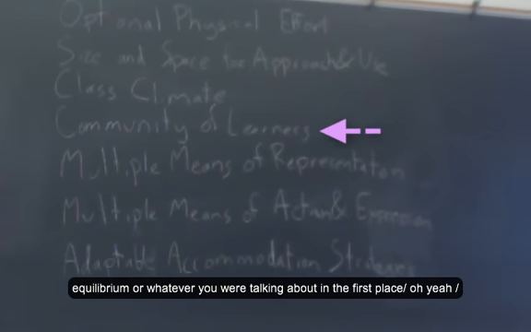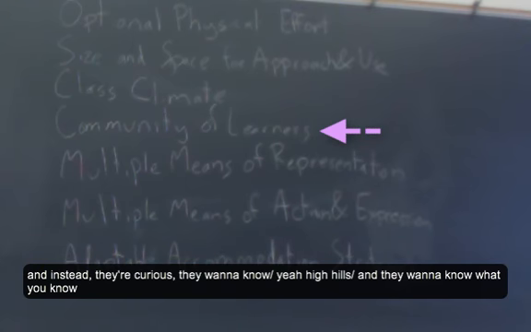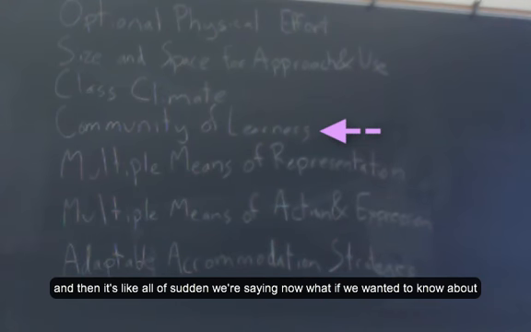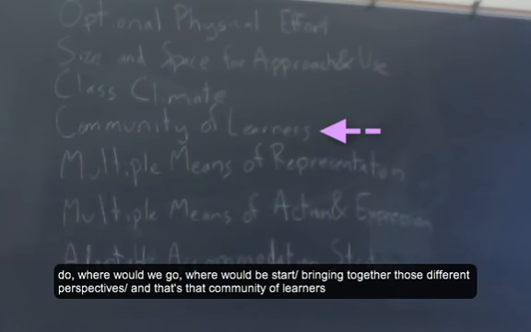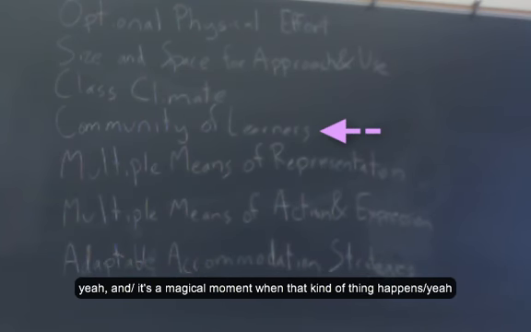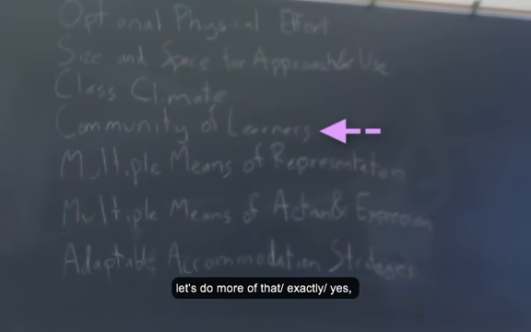Oh yeah. And instead, they're curious. They want to know, and they want to know what you know. And then all of a sudden we're saying, what if we wanted to know about light and how astronomers use light to figure out how far away a star is? What would we do? Where would we go? Where would we start? Bring together those different perspectives. Yeah. And it's a magical moment when that kind of thing happens. Yay! Let's do more of that. Exactly. Yes.